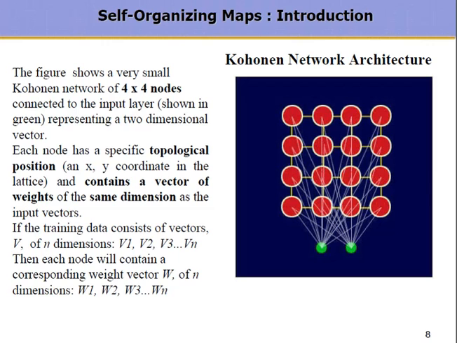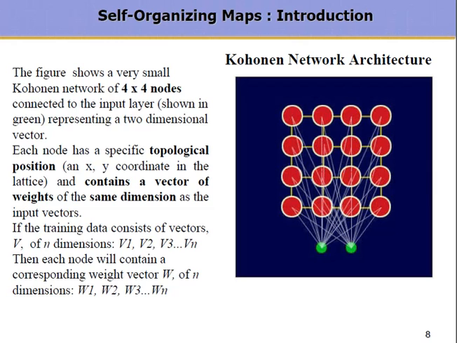So each neuron has an x value and a y value, which are their xy coordinates, and each neuron contains a vector of weights, right? So there is not a single weight value, but a vector of weights.